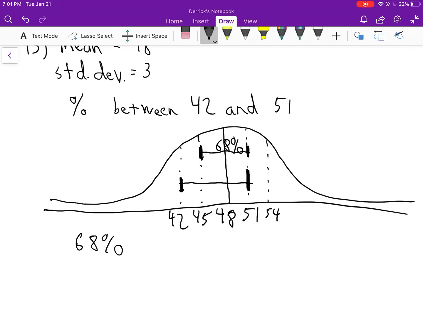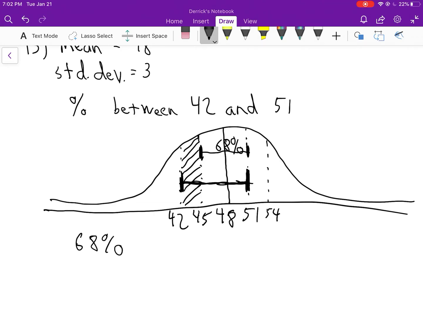You can visually see, if I'm trying to find from here all the way to here, 68% is part of that. The question now is, what is this little sliver right here? Because I need to add this part to 68%. Well, I don't know right now exactly what that little sliver is.